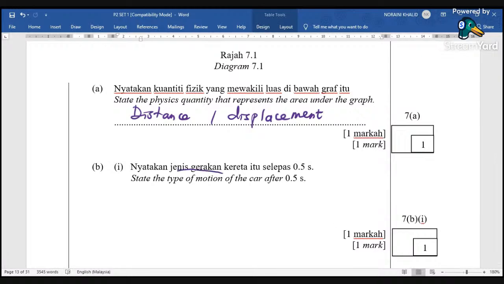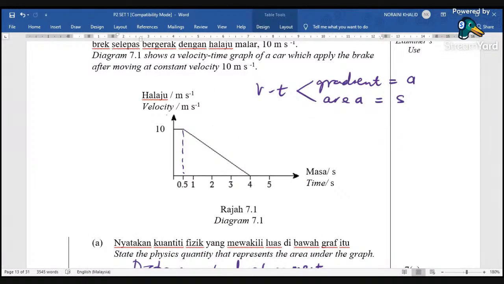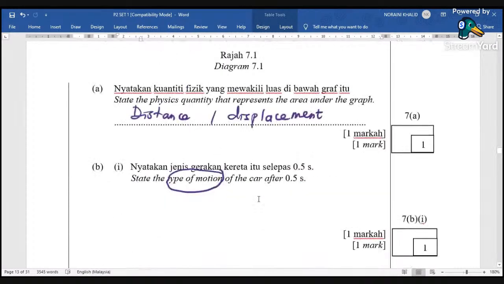Okay. And then state the type of motion after 0.5 seconds. You can see from here, velocity decreases with time. If you calculate the gradient, you will get a negative value, negative acceleration. So this will cause the object to slow down.